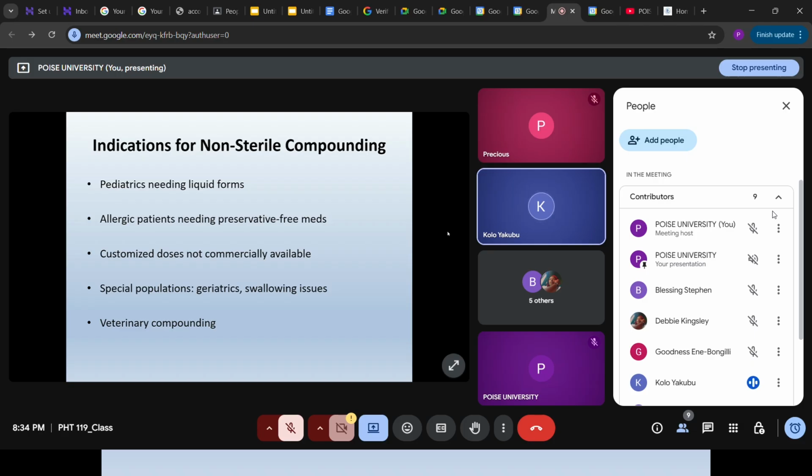So I'm telling you reasons and indications for why we need non-sterile compounding. We have millions of medicines on the shelf, but sometimes there will still be a need for compounding. And this is really, really important.